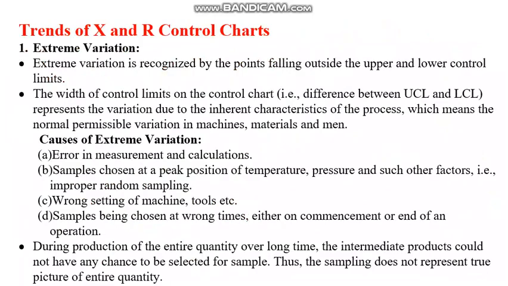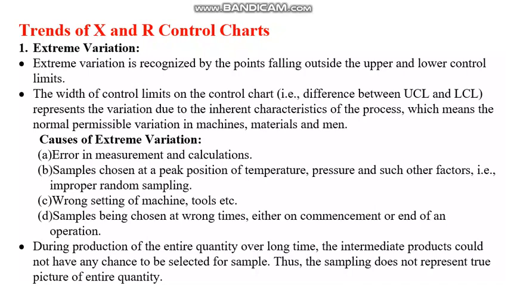Now next, when we are studying the X bar chart and R chart, what are the trends? There can be extreme variation. Extreme variation is a kind of error, or the process is going out of control.